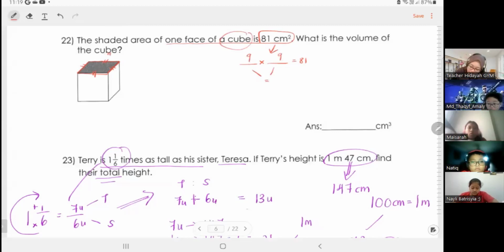So each side is 9 cm. Every side is 9 cm because it's a cube. So my volume will be length times breadth times height. And I will get 9 times 9 times 9 equals 729 cm3. That's it. Okay.